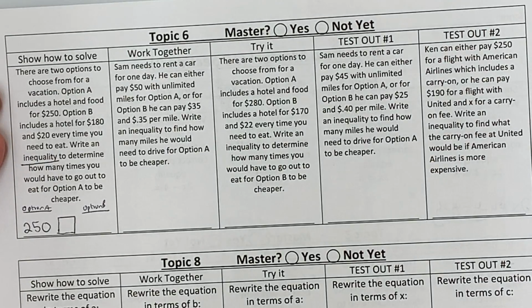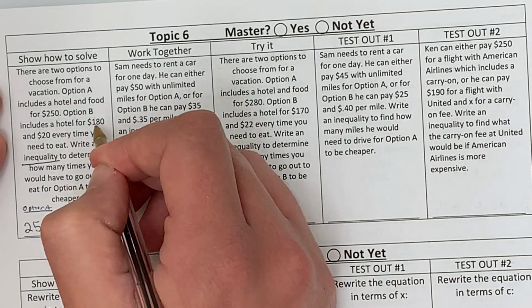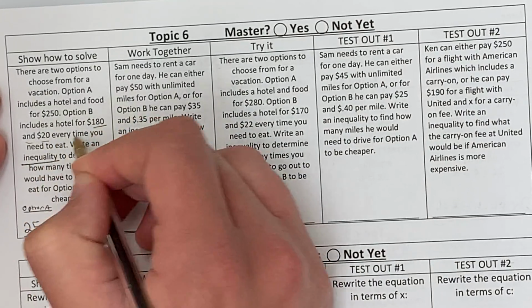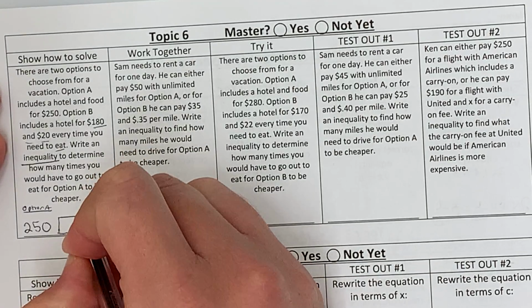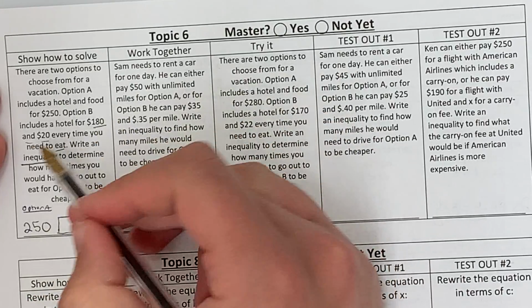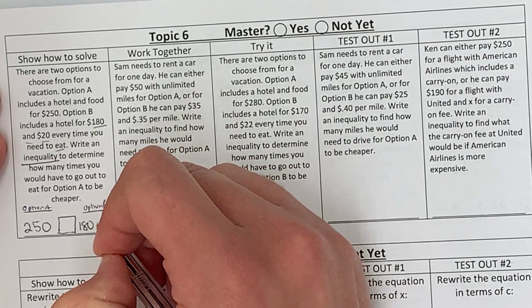All right, now option B, it says the hotel is $180 and $20 every time you need to eat. So we don't know how many times we need to eat. So there's gonna be our variable. But I do know the hotel is going to be $180 flat. So we're gonna write $180 and that is our plus sign, right?